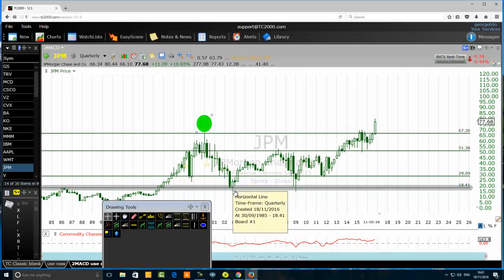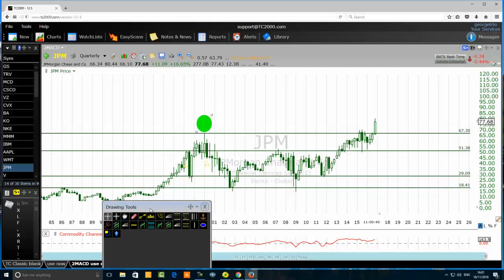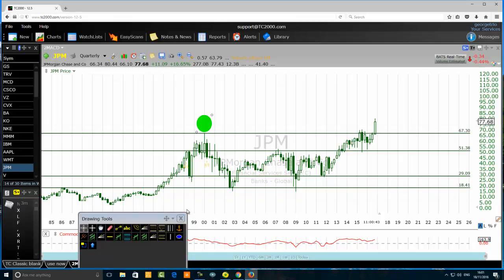When you are using candlestick patterns, please do not use candlestick patterns on the lower time frame alone. Sometimes it may work, but if you are looking for more reliable, solid candlestick patterns, you may look for them on the yearly chart, quarterly chart, monthly chart.